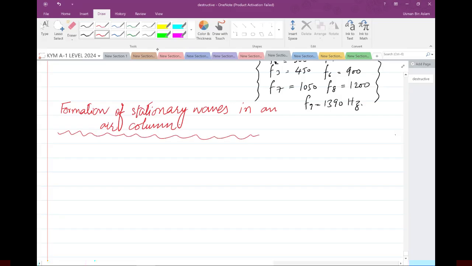Of course, an air column is simply going to be a container. There will be two types of air columns that we are going to talk about. First is going to be open at both ends, and the other type is going to be open at one end.